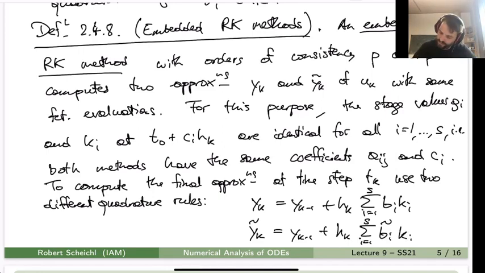And that's (2.4.9). So here we have bi and here we have bi tilde.